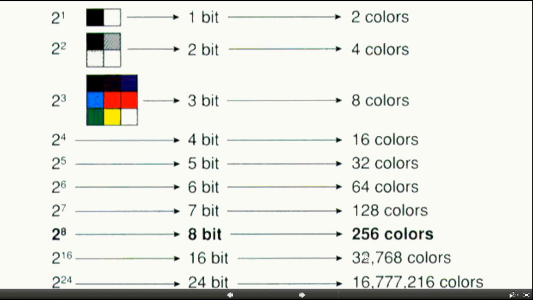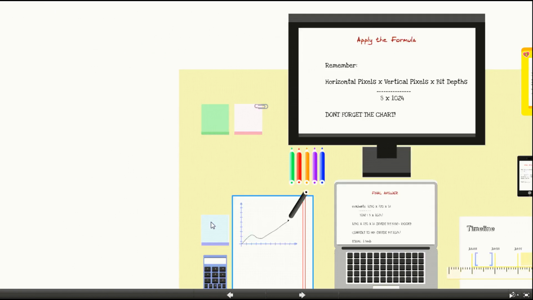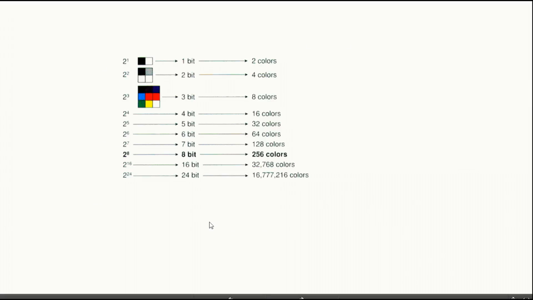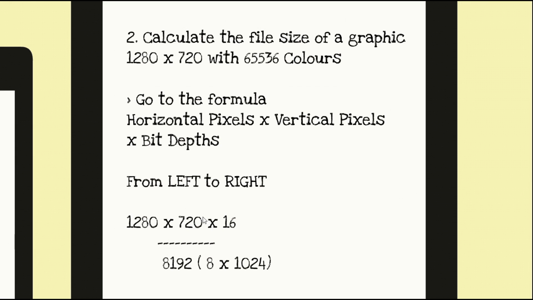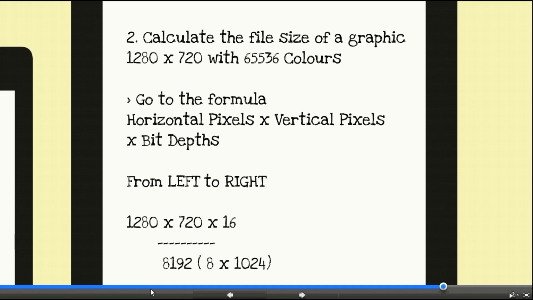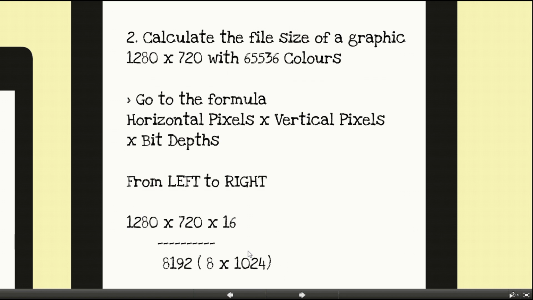Anyway, that's in my book, so I'm not following this chart for the 16-bit, but that's 65536, which is 16-bit. Alright, so let's move that there. And then you would have to times it by 16 because that's under the category of 65536. Divided by 8192, which is basically 8 times 1024.